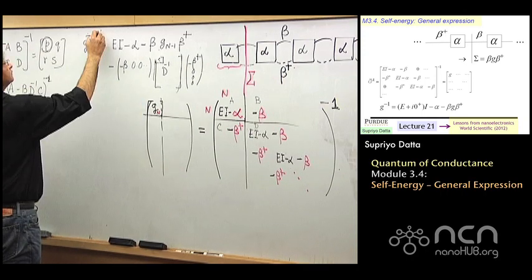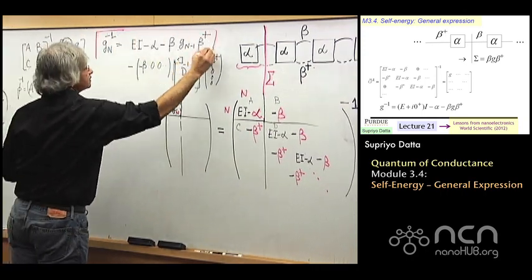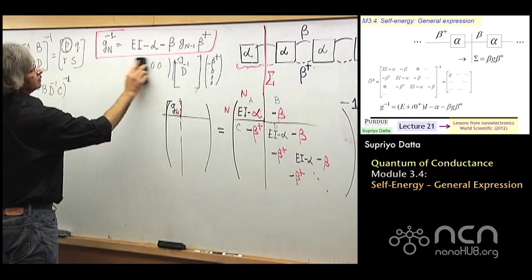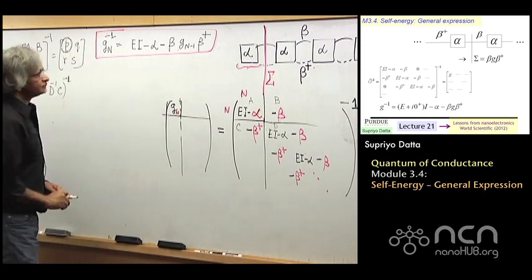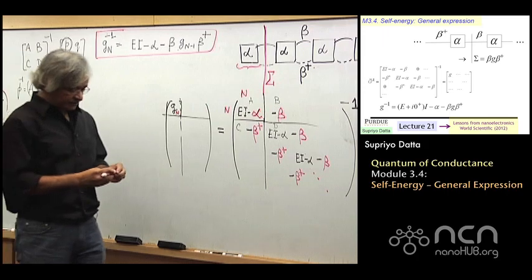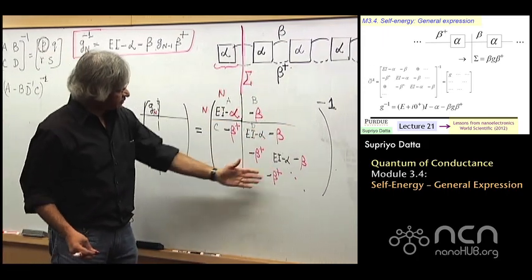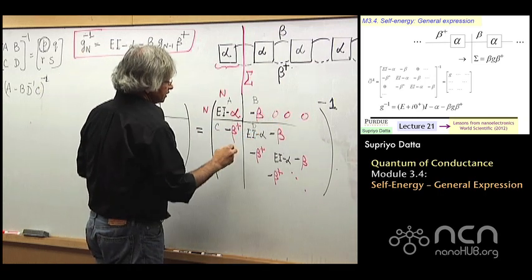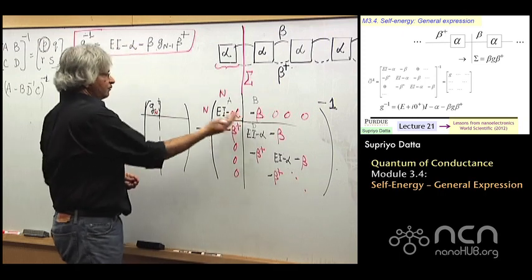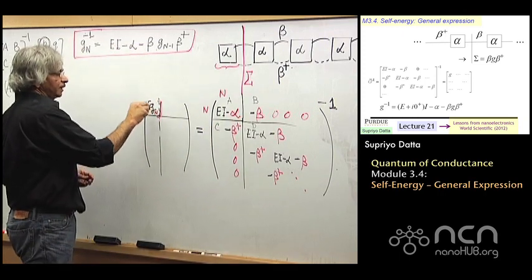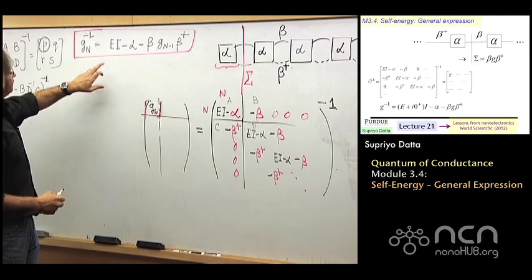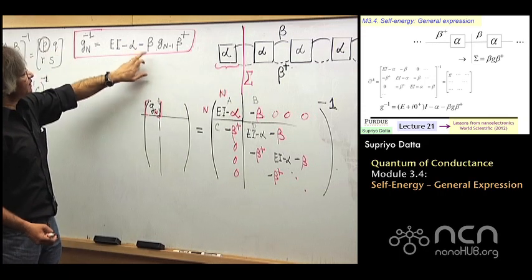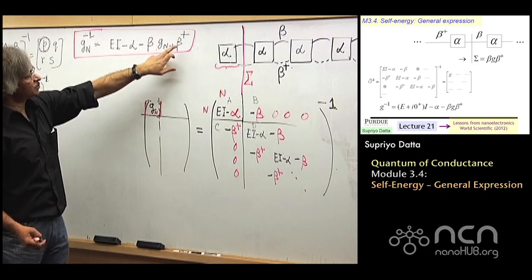That's it. So this is the basic equation, the basic result that I was trying to get at. So let me just write that here, and let's make sure we understand what it means. What it's telling me is that if I have an n by n matrix like this, where each element is this way, and you have these zeros here, then when I invert it, the top element is given by E I minus alpha, that's this, minus beta times Gn minus 1 beta dagger.